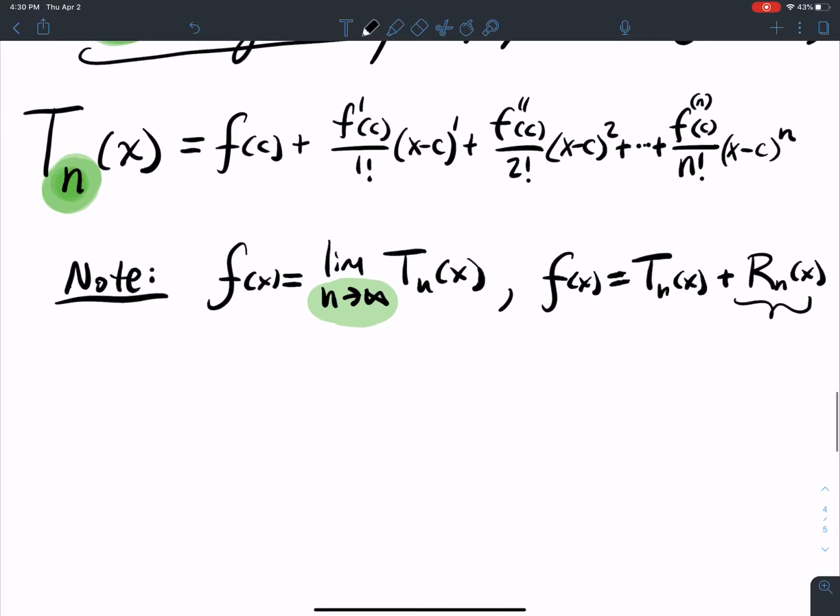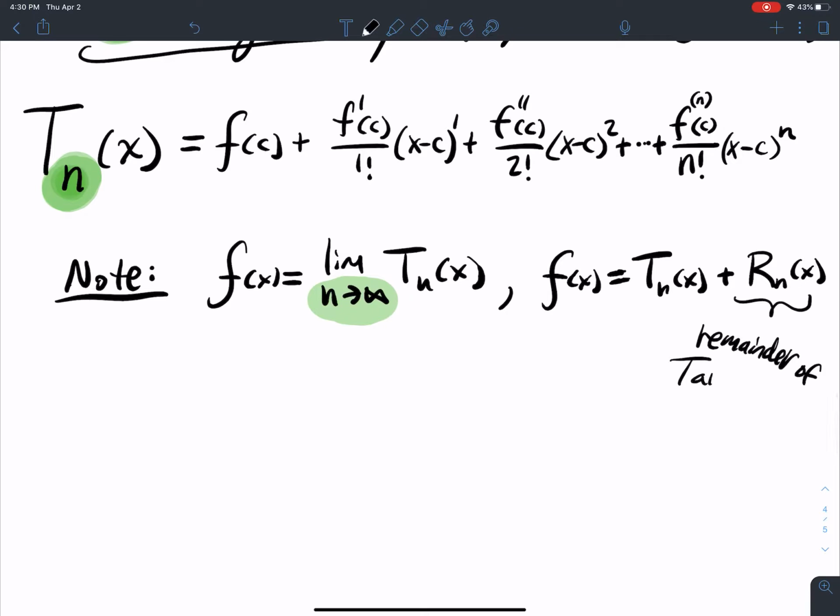So this right here is the remainder of the Taylor series.